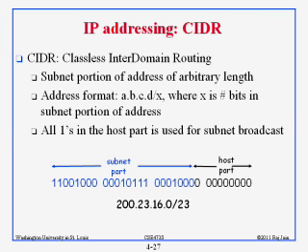So there is no A, B, C. You could get a 9-bit prefix, and that is not A class, that is not B class. That is called CIDR: classless inter-domain routing.